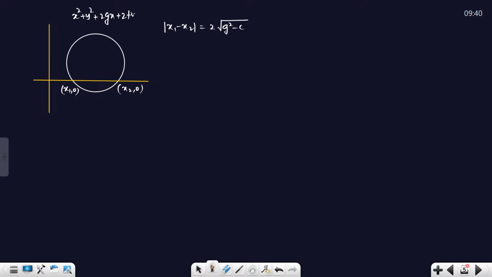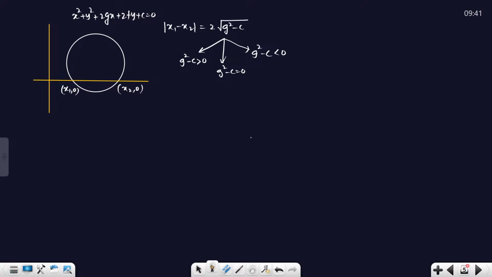Now, one thing you must see, that as g square minus c is under the root sign, naturally 3 cases will come. What are they? One is when g square minus c is greater than 0, when g square minus c equals 0, and when g square minus c is less than 0.